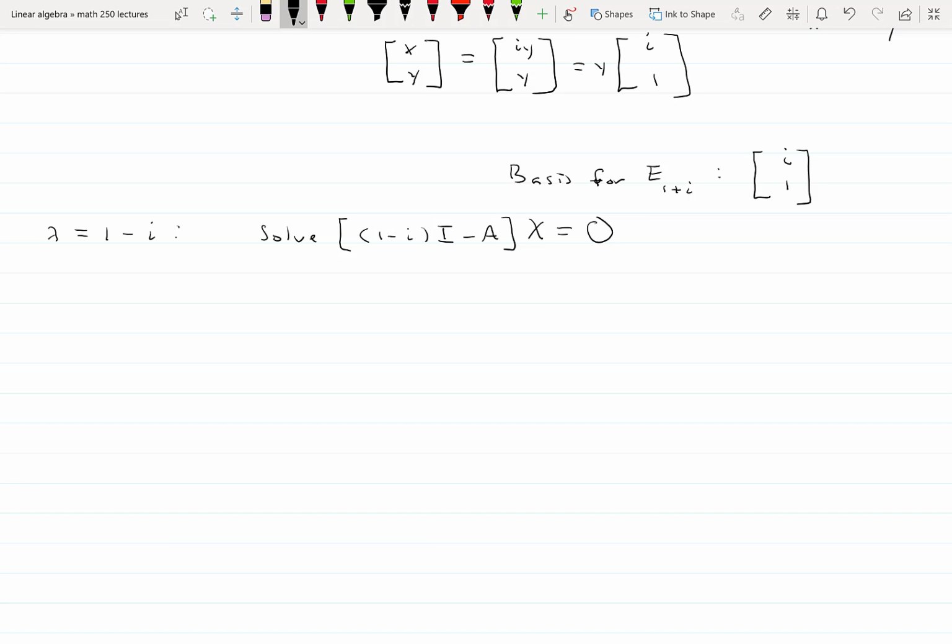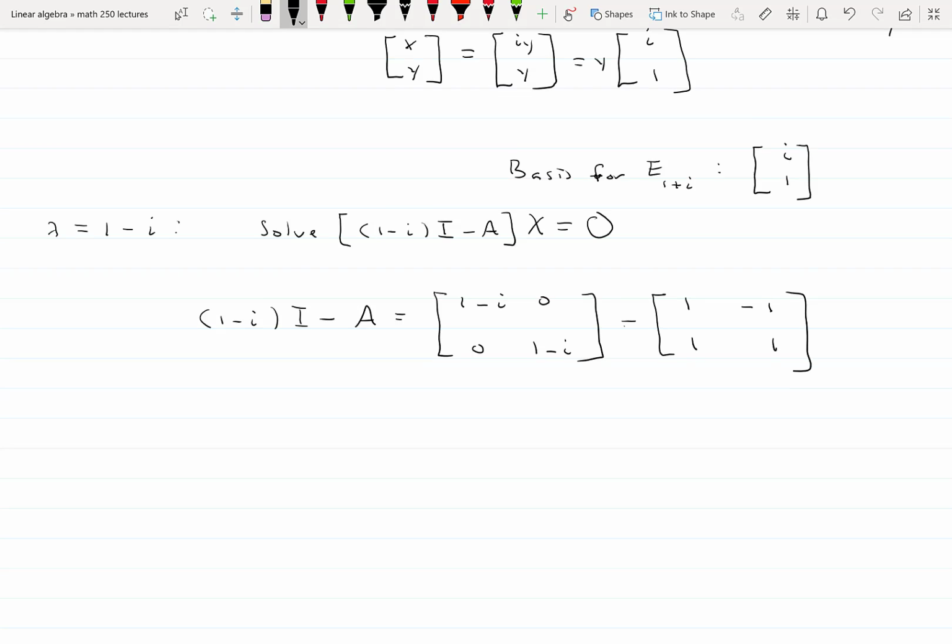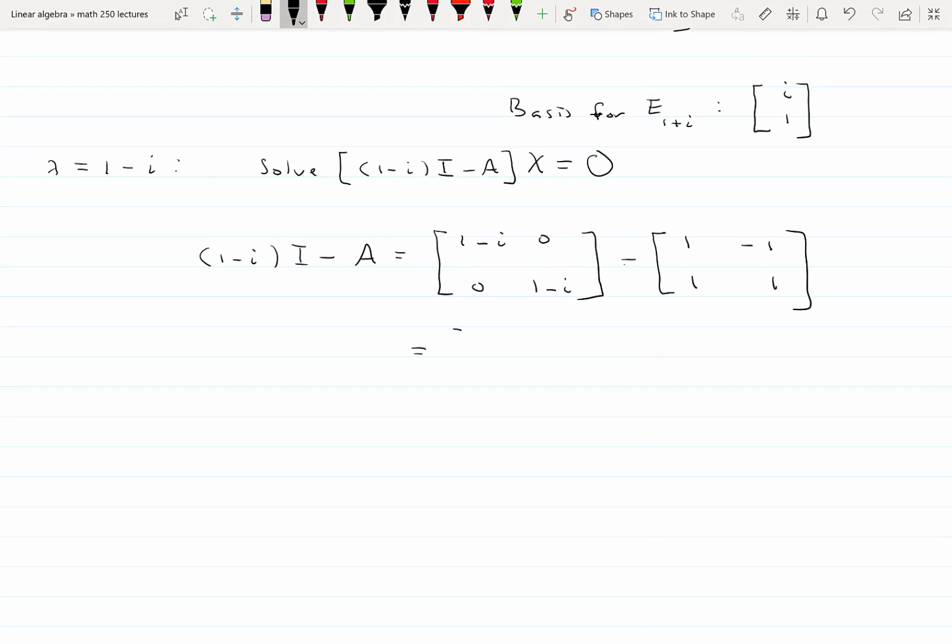I need 1 minus i times the 2 by 2 identity matrix minus A. That's nothing more than the diagonal matrix whose entries are 1 minus i, minus the original A.